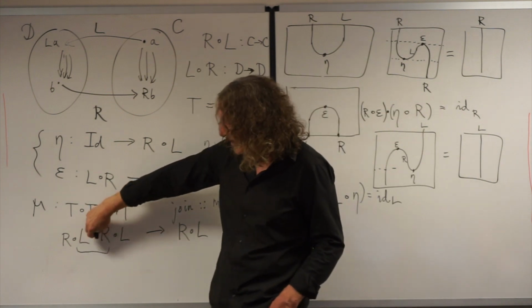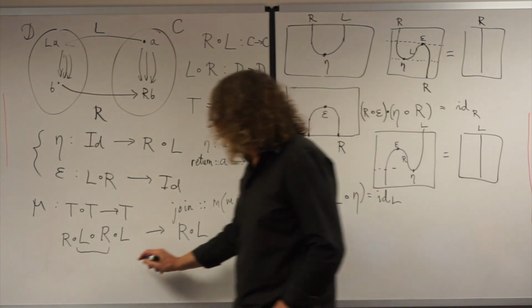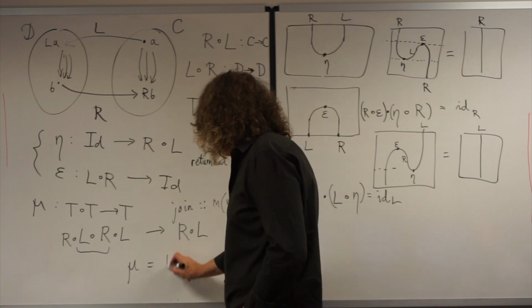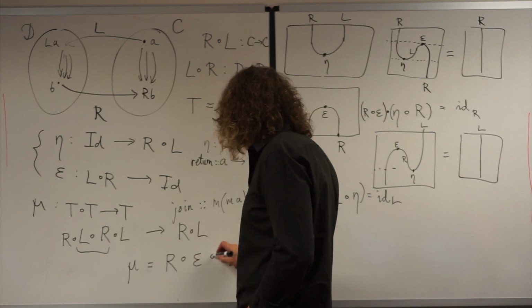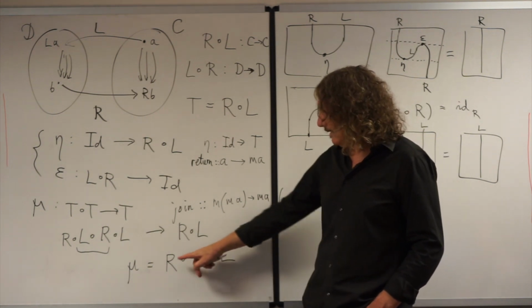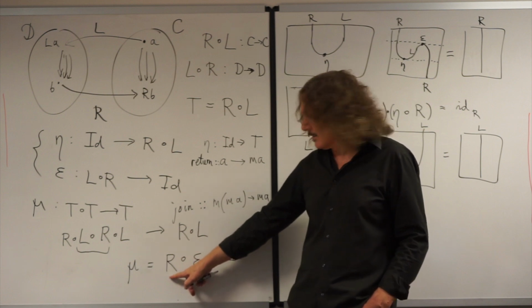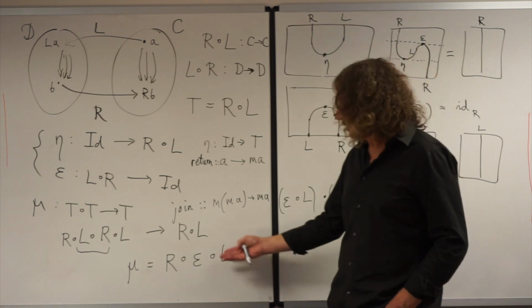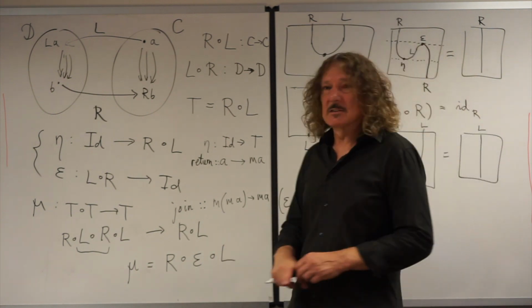So we can shrink this L after R into identity, and we get R after L. So mu can be defined as a horizontal composition of R after epsilon after L, right? Here R and L, because they are composed with a natural transformation, are understood as identity natural transformations from R to R and from L to L. This is what we call whiskering. Sometimes when we combine a natural transformation with a functor, it's called whiskering.